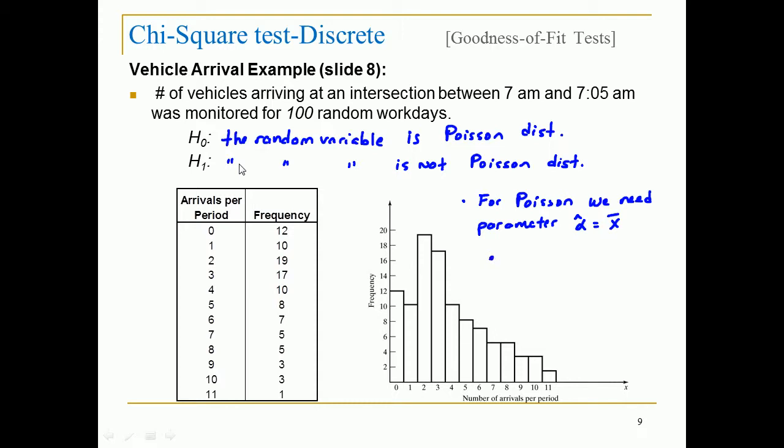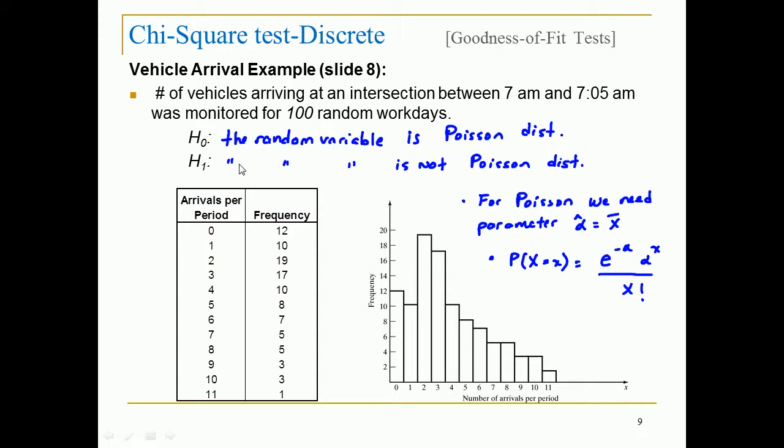Also, for the Poisson, the probability of X being equal to x is going to be equal to this formula that you already know, with x bar. Okay.